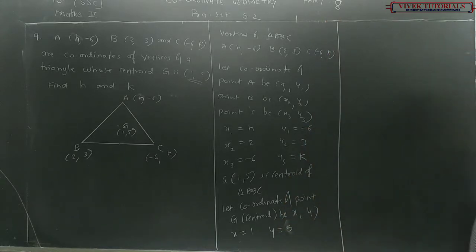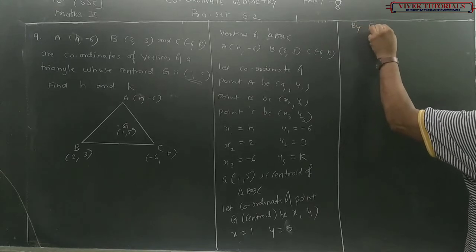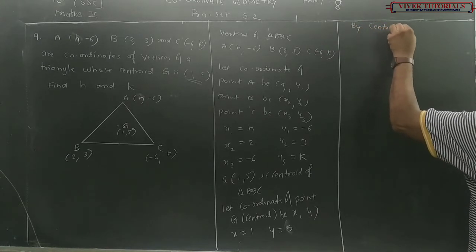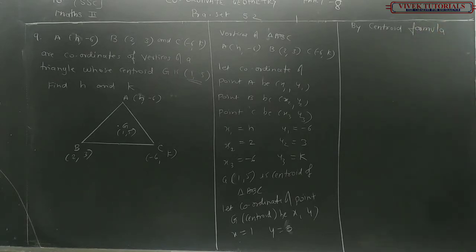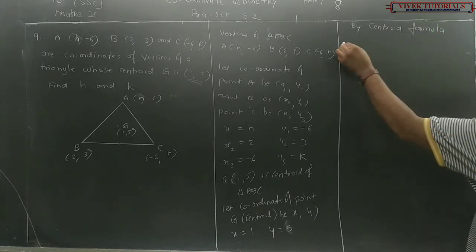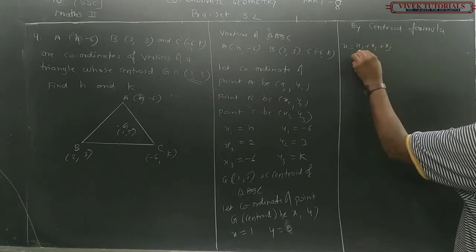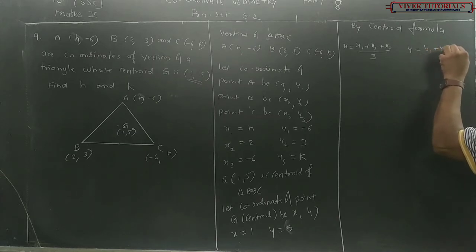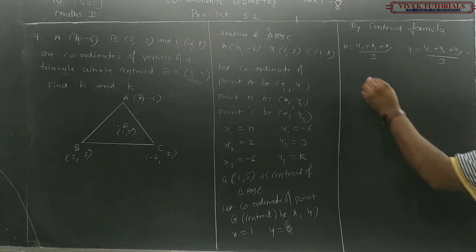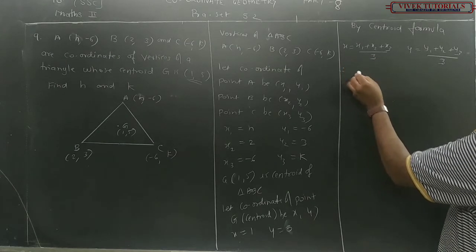Once you have that, you are going to use the centroid formula. What is the centroid formula? X is equal to (x1 + x2 + x3) upon 3 and y is equal to (y1 + y2 + y3) upon 3. Therefore, x is nothing but 1.